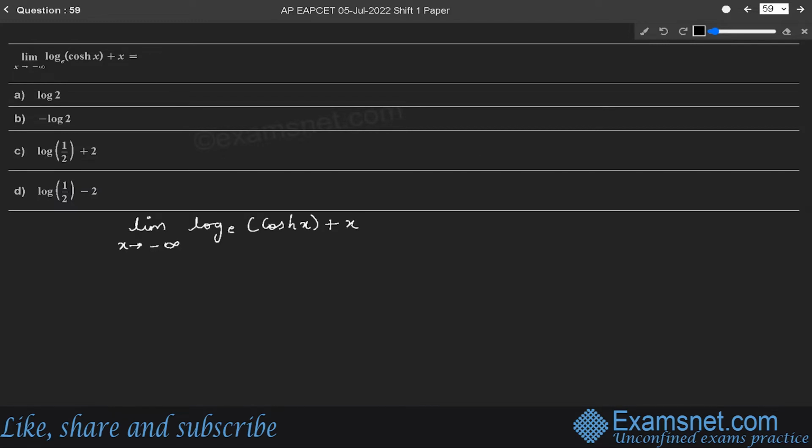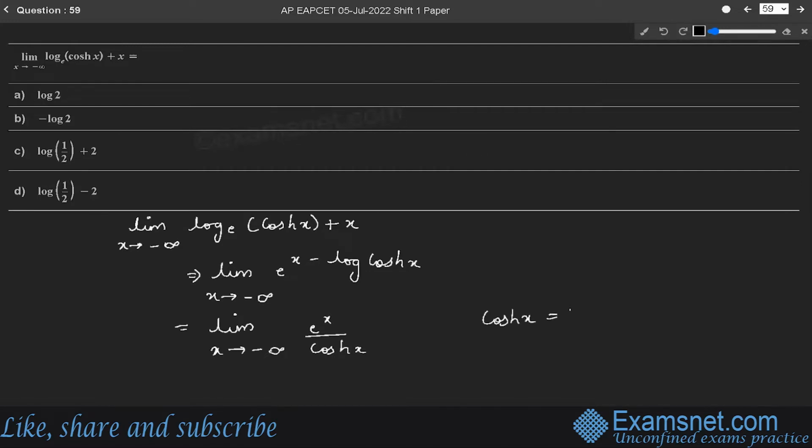It can be written as limit x tends to minus infinity e to the power x minus log cos hx, which will be equal to limit x tends to minus infinity e to the power x divided by cos hx. We know that cos hx is equal to e to the power x plus e to the power minus x divided by 2.